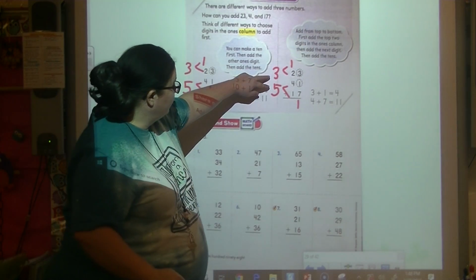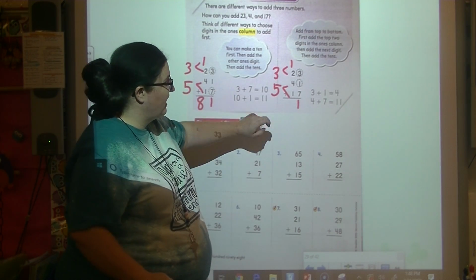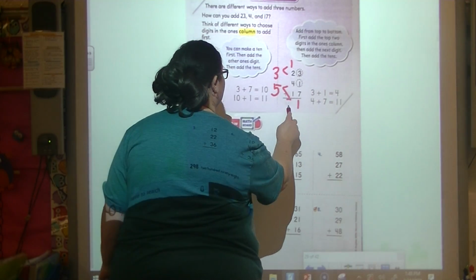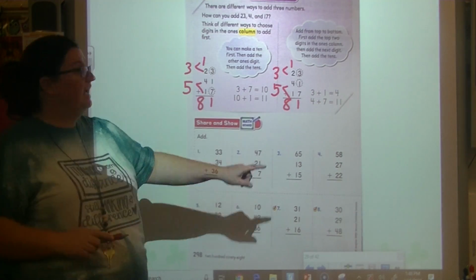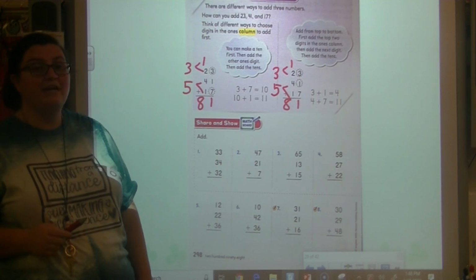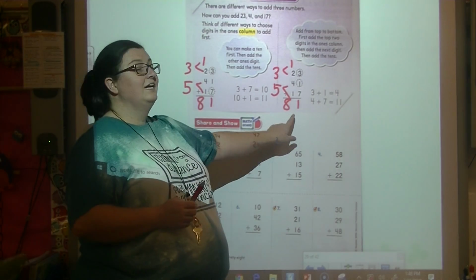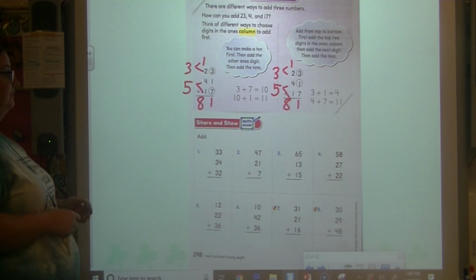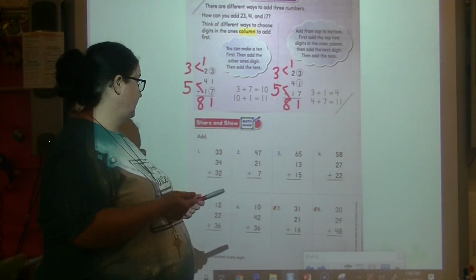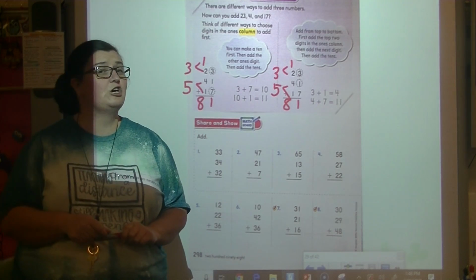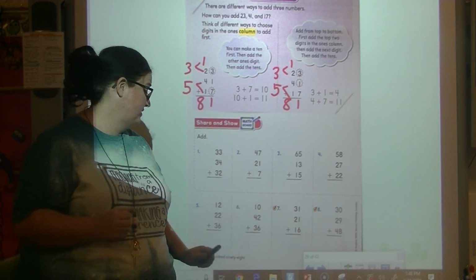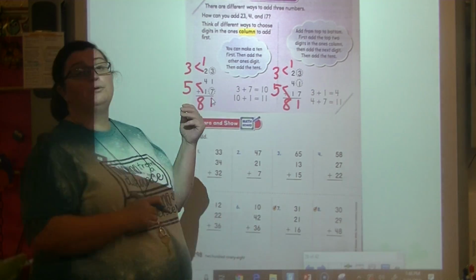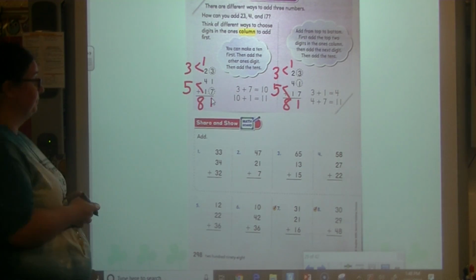And then we have to add these two numbers. 3 plus 5 gives you 8. So either way, you're going to get the same answer of 81. Okay, so either way you choose it, it's not going to change your answer. Your answer is still the same. You choose the two numbers that will help you quickly get the answer.